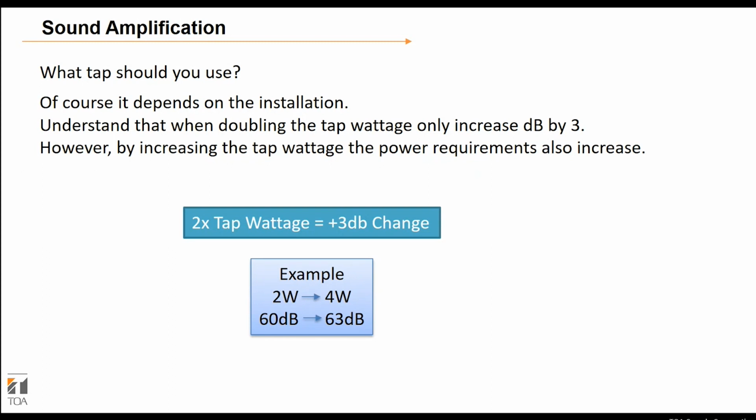And one thing to really bear in mind is every doubling of wattage is really only going to increase the system volume by 3 decibels. Quite often I'll have people asking, okay, well, I've looked at 15-watt speakers for this, but should I go with the 30-watt version instead?